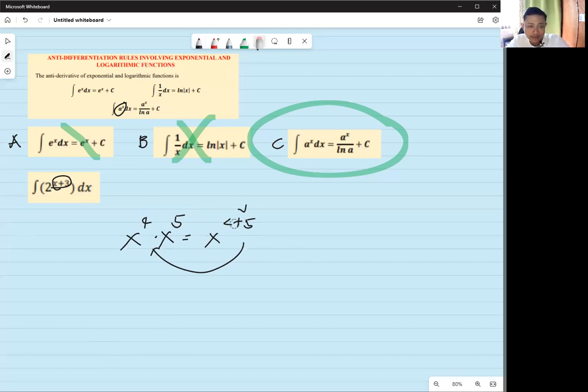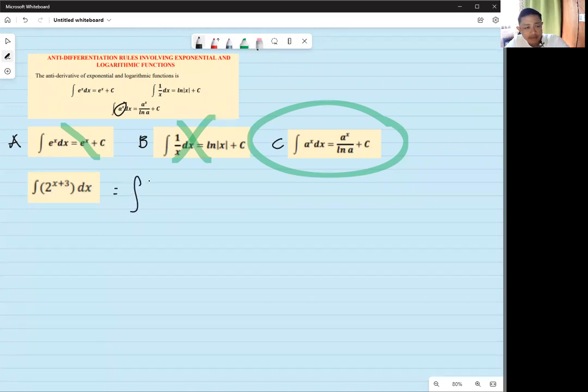Okay? So how will we do that? Let's do it here. So this will become equal to, let's separate it first, the integral of 2 raised to x times 2 raised to 3 dx. Ayan. It becomes clearer, because a raised to x is applicable to 2 raised to x.